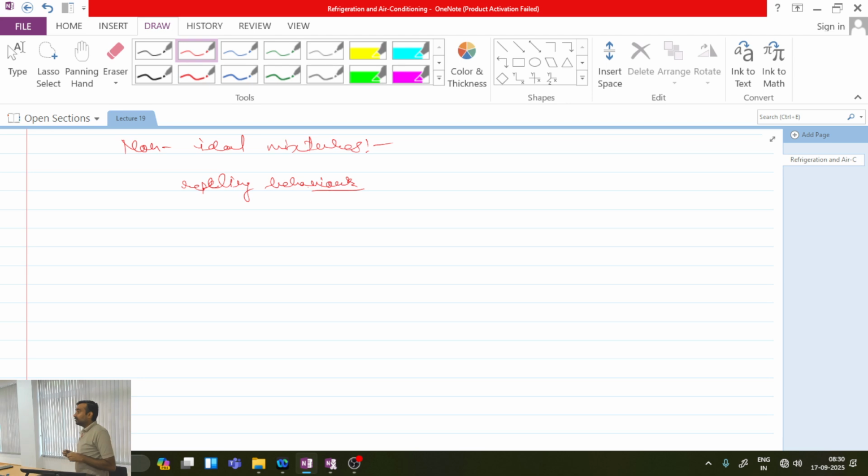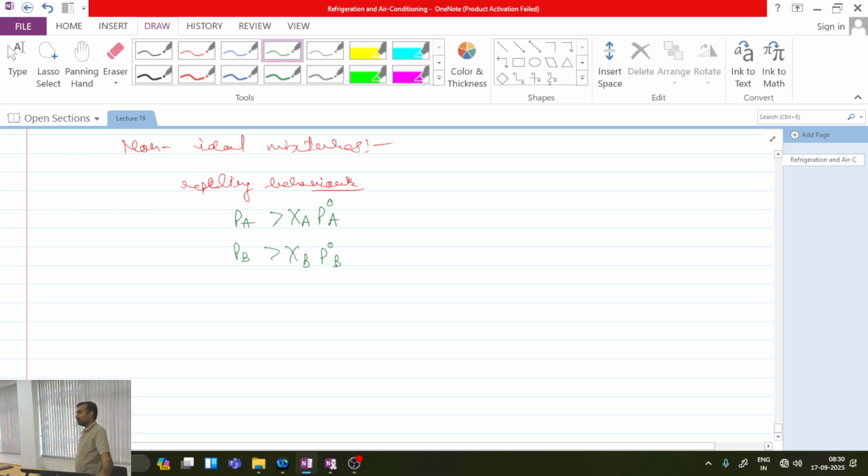If there is more tendency to escape, then more molecules will be collected in the vapor phase. So its partial pressure PA will be greater than chi A into P naught A. Similarly, the partial pressure of B will be greater than chi B into P naught B.